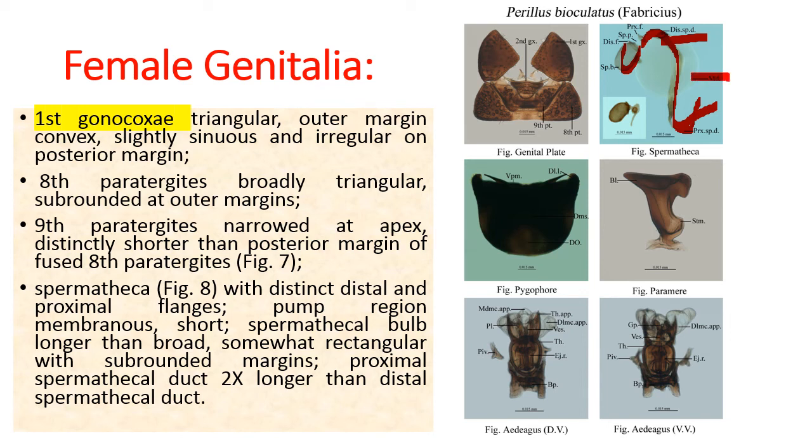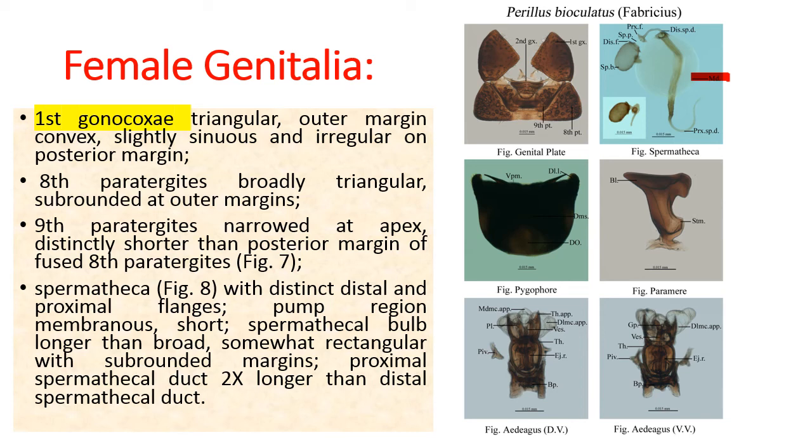As you can see from the diagram, the proximal duct is twice as long as the distal spermathecal duct.